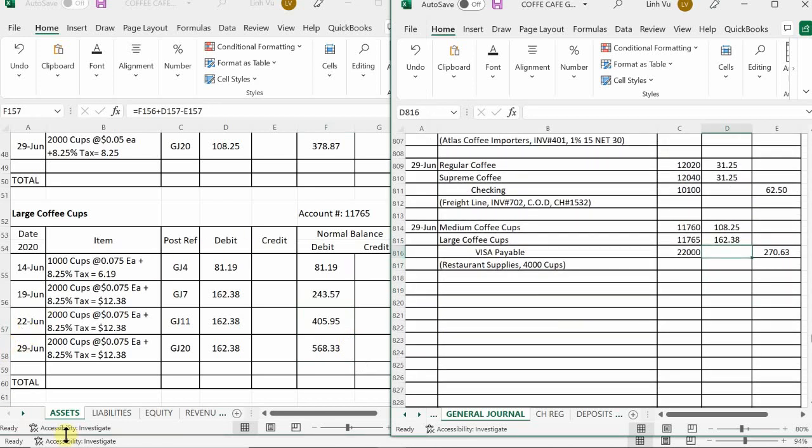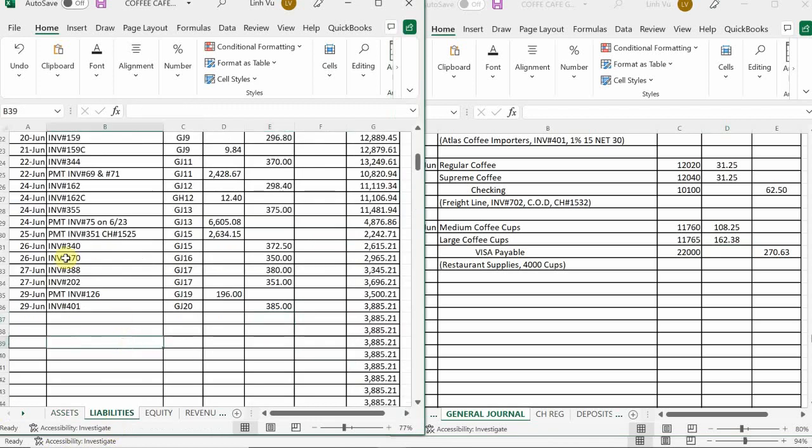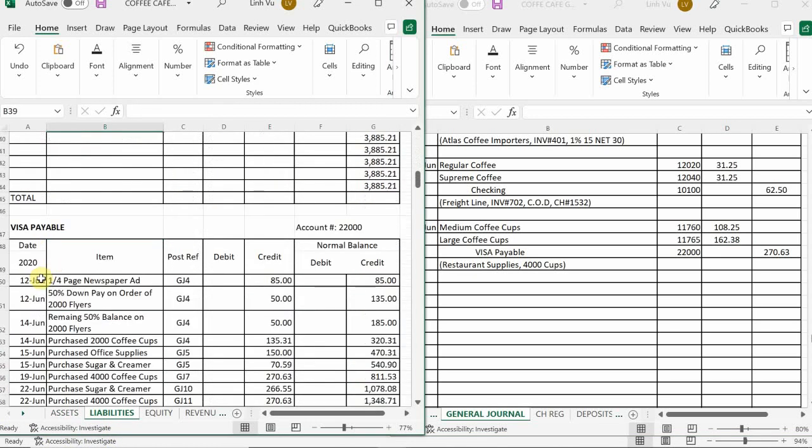All right, then we got to go to our Visa payable, right? Because we used our credit card to pay for this.